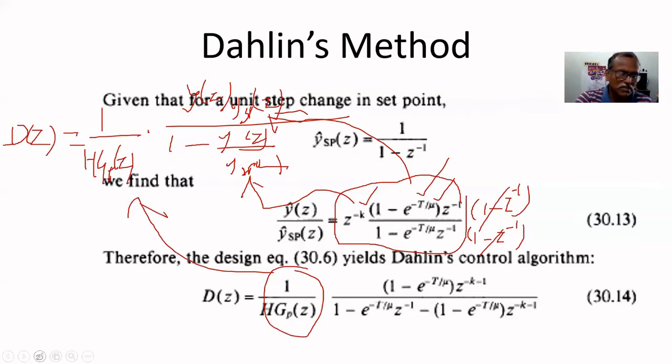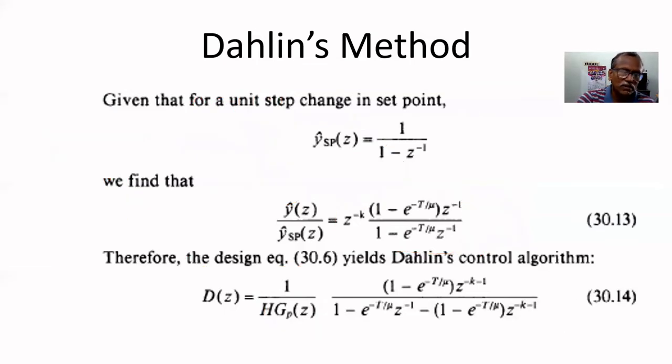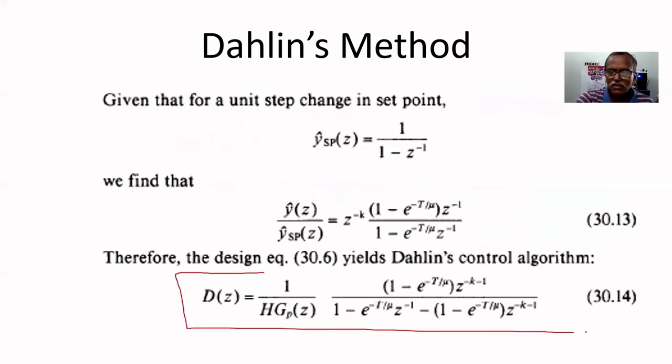So the final expression for d of z for Dahlin's controller is 1 by HGP of z, numerator 1 minus e power minus T by mu, mu and T are design parameters, z power minus k minus 1, and denominator 1 minus e power minus T by mu z power minus 1 minus 1 minus e power minus T by mu z power minus k minus 1.